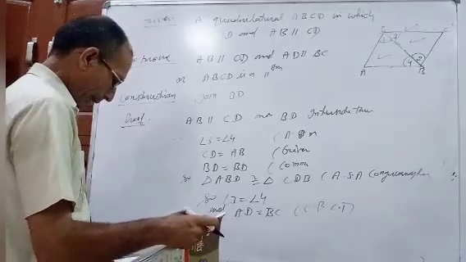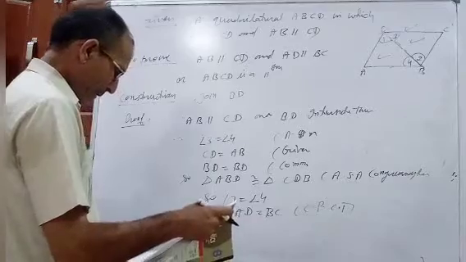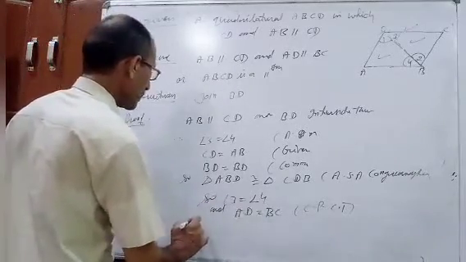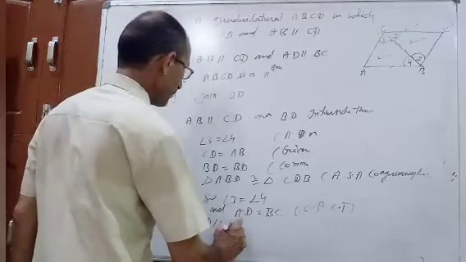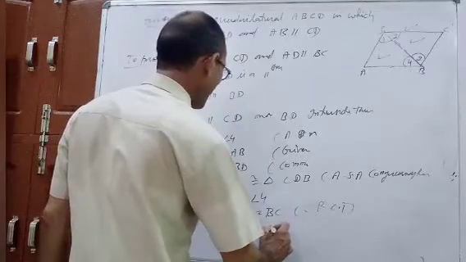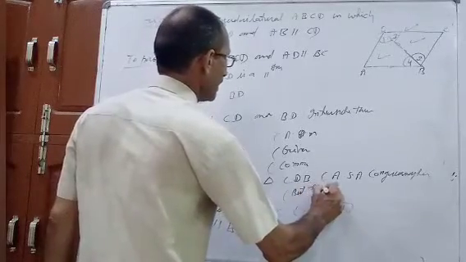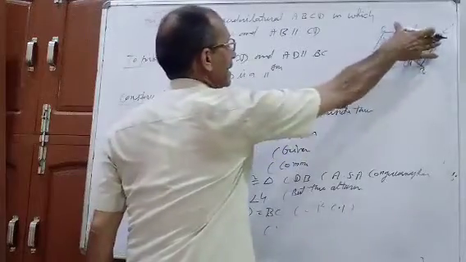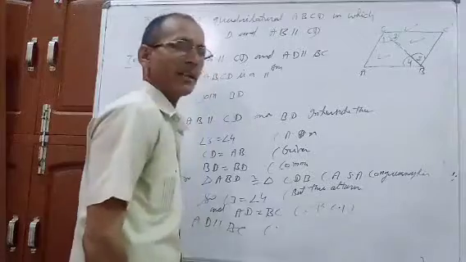So AD parallel BC because angle 3 is equal to angle 4. These are alternate angles, so if two parallel lines are intersected by this one, then alternate angles will be equal.